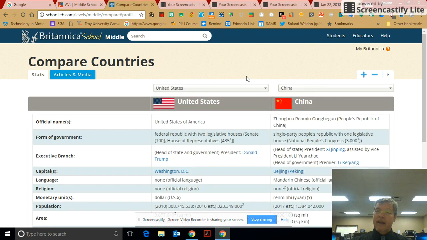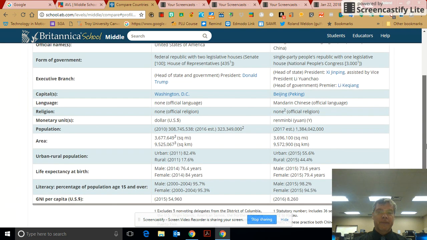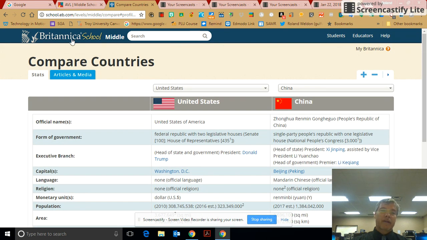So it gave us an analysis of the 2 countries and did a comparison of forms of government, executive branch, population, the area size, life expectancy, isn't that interesting? And then the GNI per capita. So that was our comparison we did.